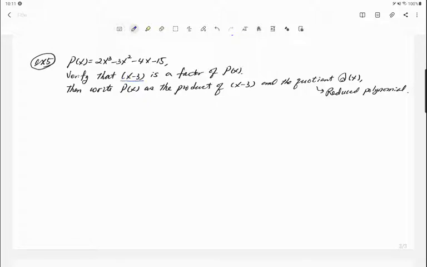How do we verify it? We divide p of x by x minus 3, and the remainder should be 0. Which means p of 3 has got to be 0, right? Then we verify it.